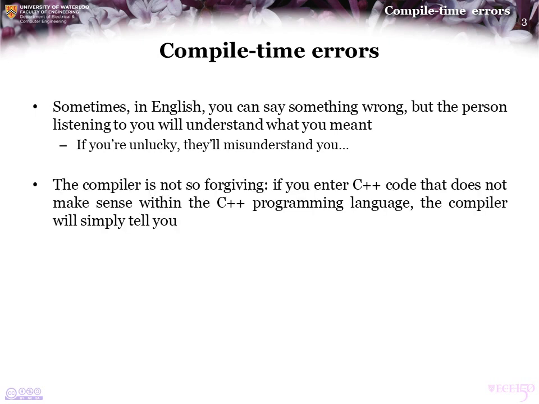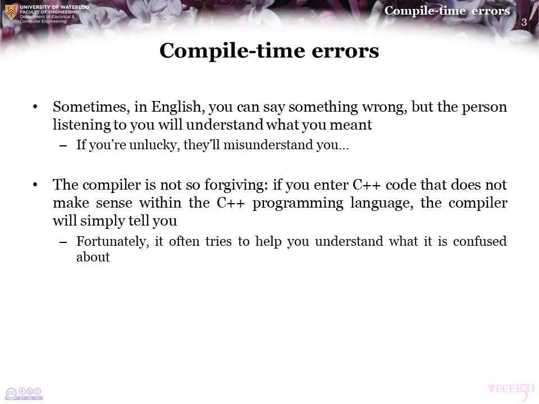The compiler is not so forgiving. If you enter C++ code that does not make sense within the C++ programming language, the compiler will simply tell you. Fortunately, as compilers get more advanced, they will often try to give you messages that help you understand what it is confused about.